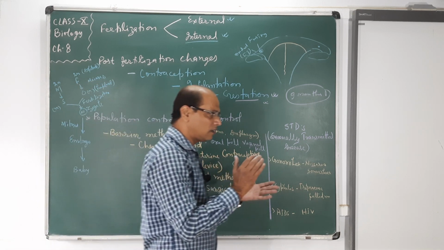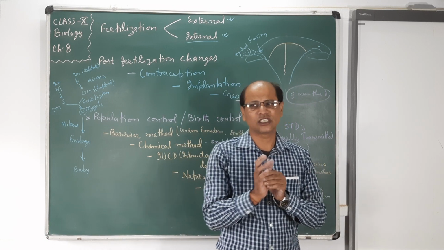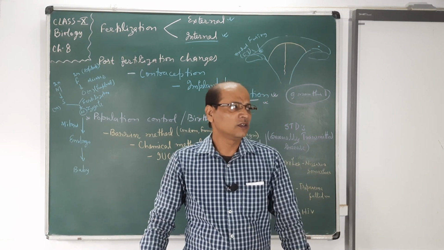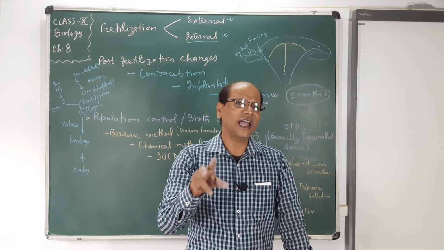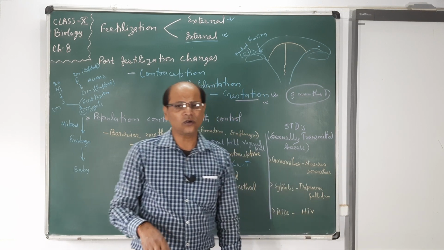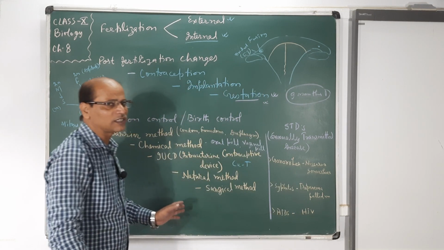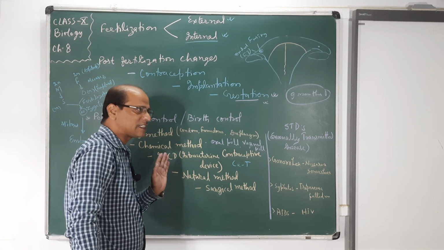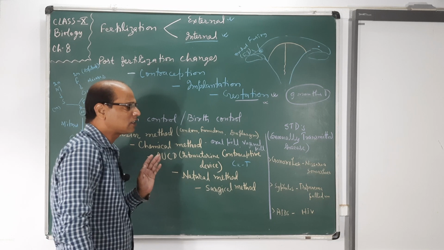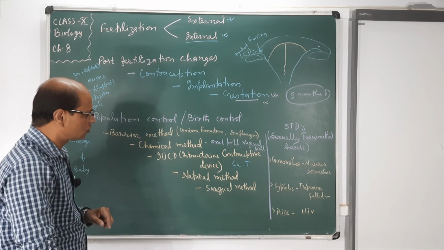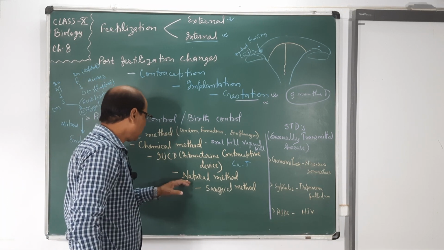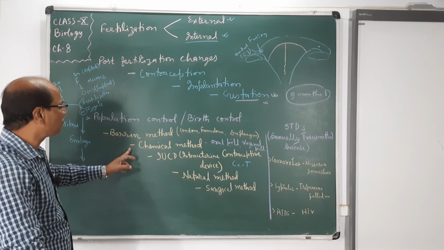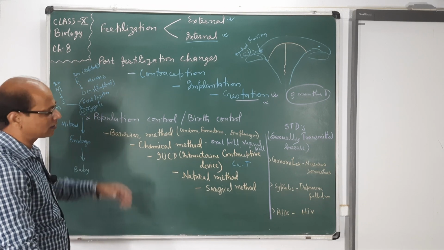So the waiting period for the sperm and the ovum should be known very well, and in that period we should not have sexual intercourse. That's why they will be protected naturally, and it is a safe way to control population. So it is natural, so better than chemical, IUCD or other methods.